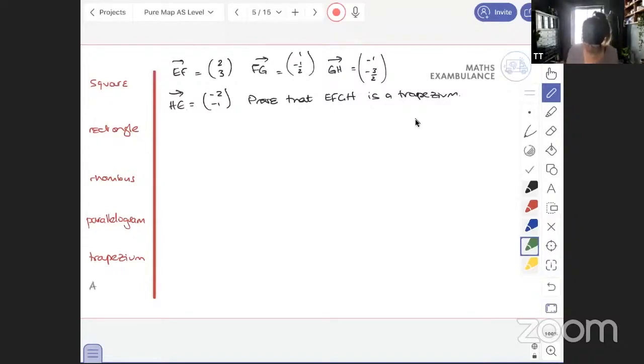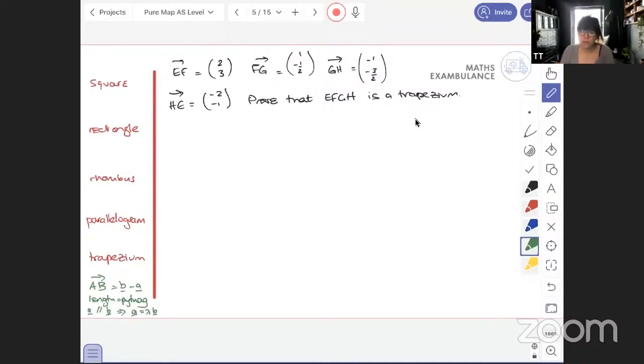You need to know that A to B is B minus A, or that A to B is A to C and C to B, that you can go via other things. You need to know that length is Pythagoras. Don't need to know a formula or anything, just in your head: length, Pythagoras. And you also need to know that for parallel vectors, one's a multiple of the other. So if A and B are parallel, then A is an amount of B. That's all the knowledge there.